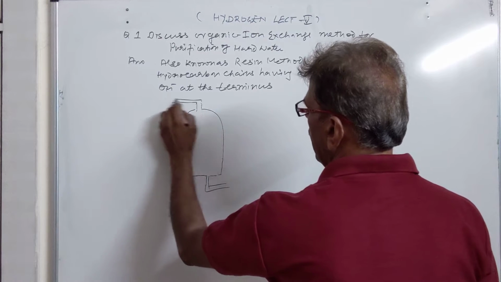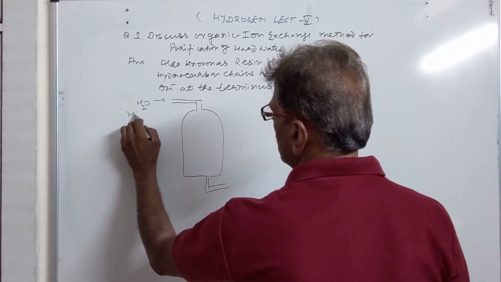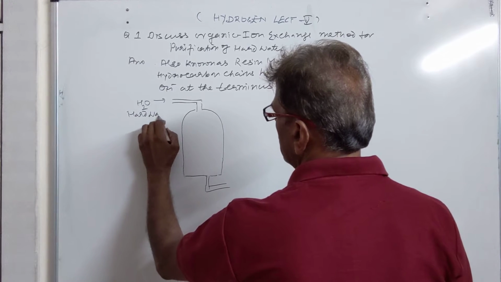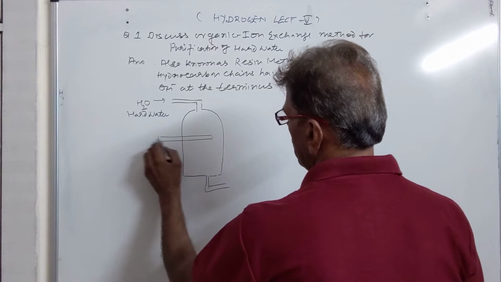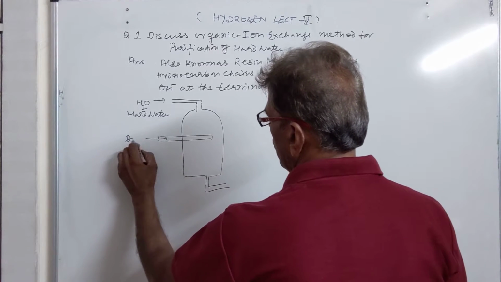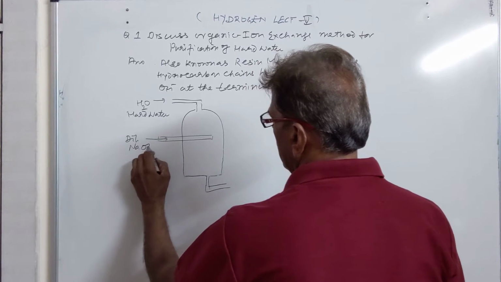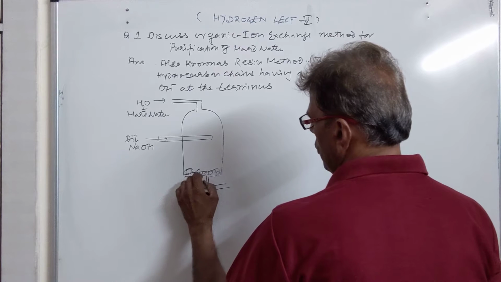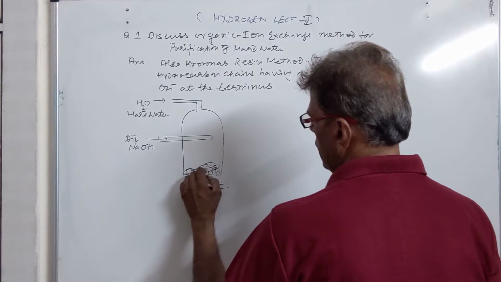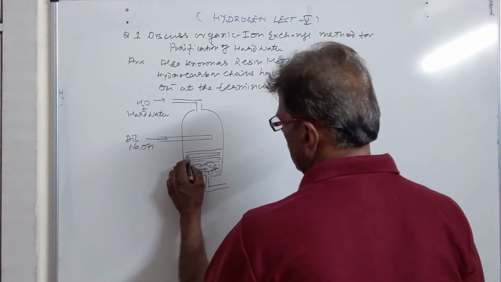From here we are adding hard water containing calcium, magnesium ions, chloride ions. This chamber is sprayed with dilute NaOH. Here we keep pebbles or glass stones at the bottom, and then we have H positive resin.